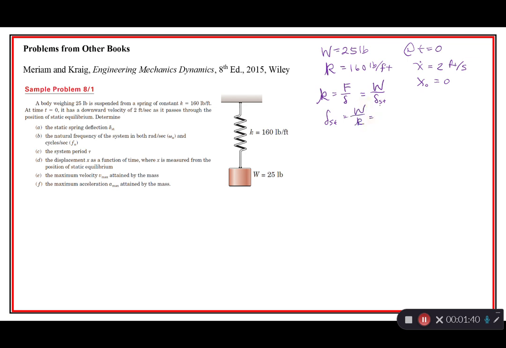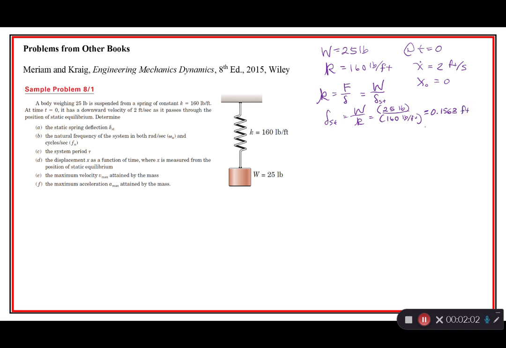And you could even just use units if you wanted to here. So 25 pounds divided by 160 pounds per foot, and you end up with 0.1563 feet.